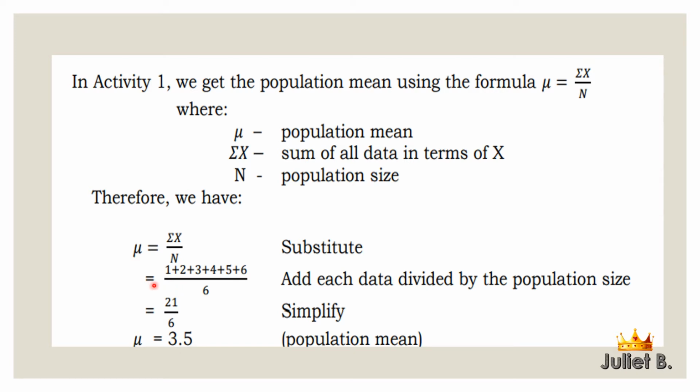As we know that it is from 1 up to 6, therefore, N is equal to 6. Now, adding all those together, we now have 21 over 6. And 21 divided by 6 is equal to 3.5. And this is now our population mean.